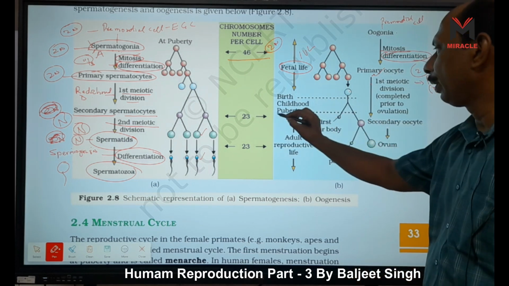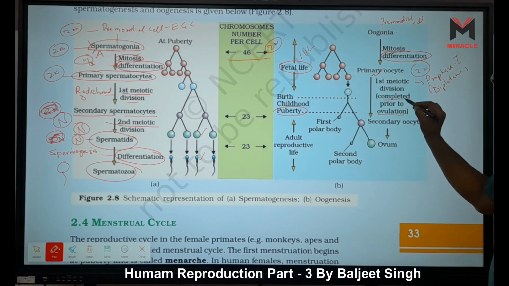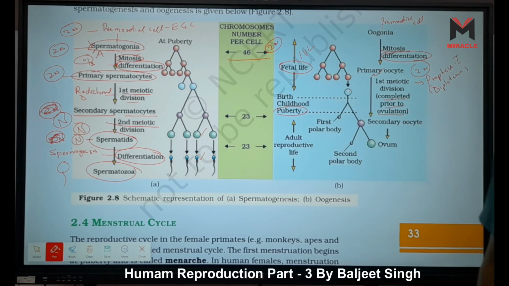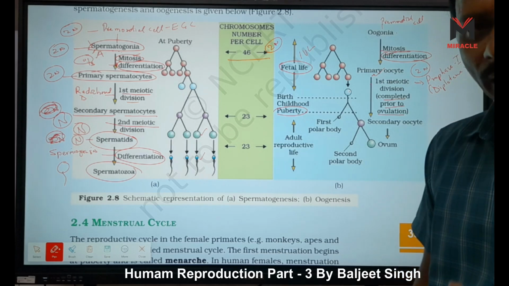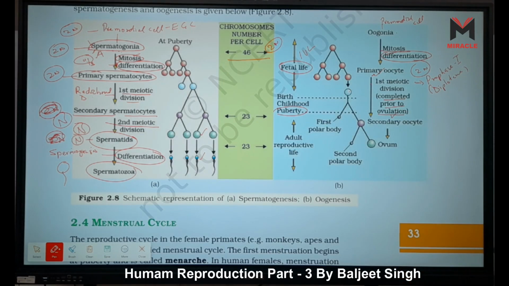At the time of puberty, look here, what happens? It is completed prior to ovulation. At the time of puberty, it restarts and completes before ovulation. Before ovulation means when does it complete?